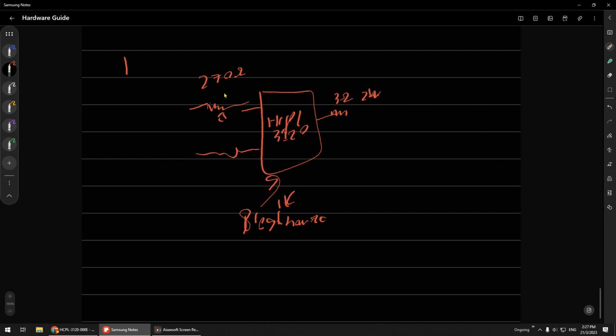For here you can just use a 0.5 watt resistor. This one you need to have 2 watt. This one sometimes is not compulsory, but it's better to put it. If not, it should also be okay.